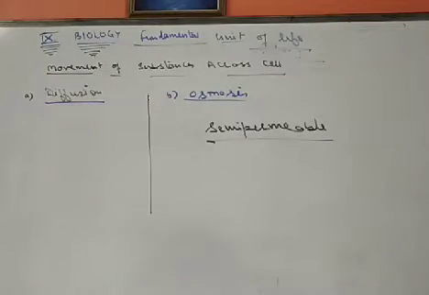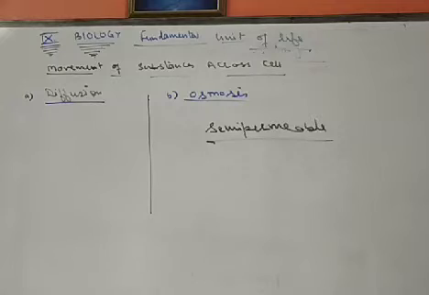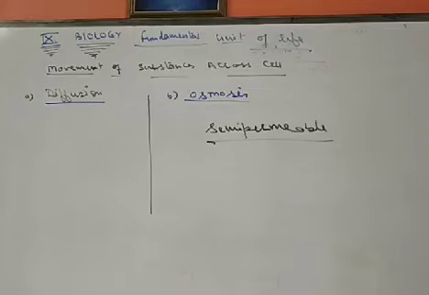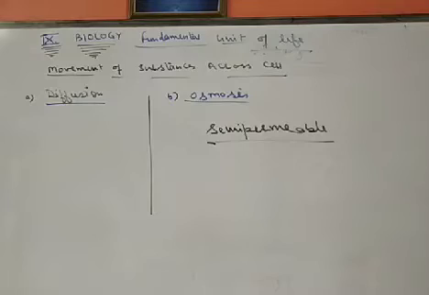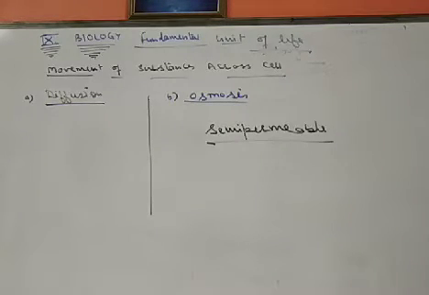So these are two ways of movement of substances across the cells. Now we can differentiate between diffusion and osmosis. First point, we can write diffusion takes place in solid, liquid and gases, while osmosis occurs only in liquid medium. Then in case of diffusion, there is no need of a selectively permeable or semi-permeable membrane, but in case of osmosis it is required.